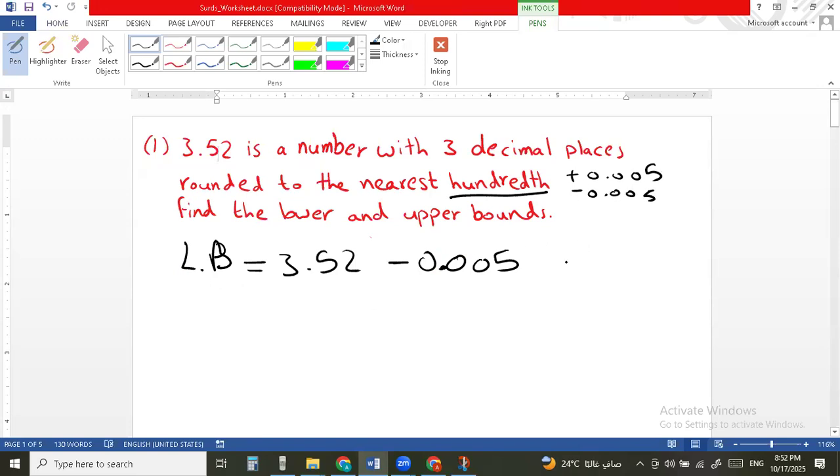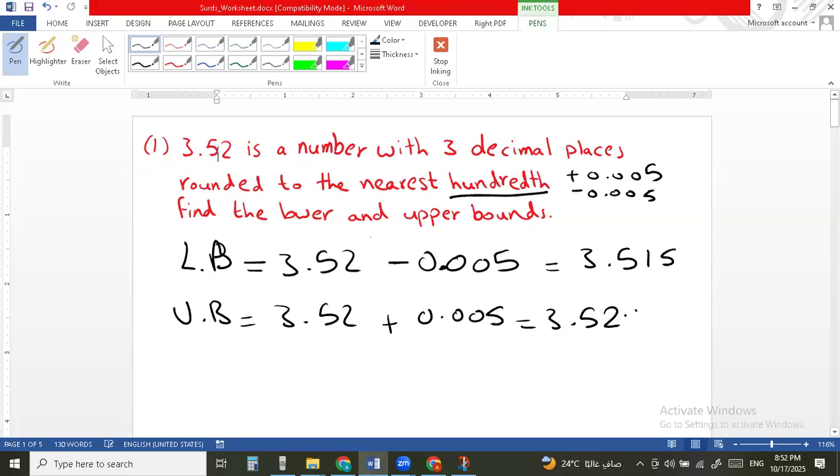So here for the lower bound, I'm going to subtract it. It is going to give you exactly 3.515. But if I wanted the upper bound, then you need to do 3.52, add to it 0.005, which is going to be equal to 3.525. These are the lower and the upper bounds of this number.